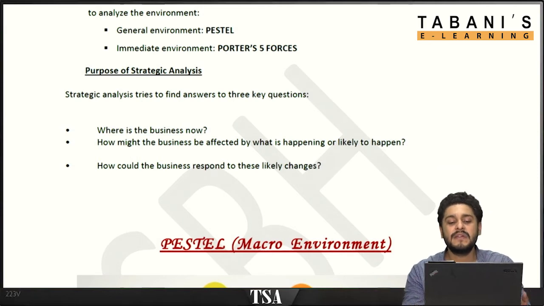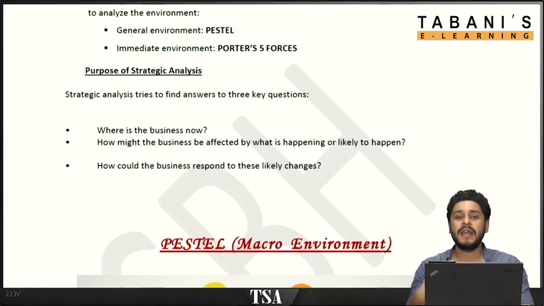How might the business be affected by what is happening or likely to happen? What are the basic areas where we might give our 110% to make the business flourish, and how could the business respond to these likely changes?